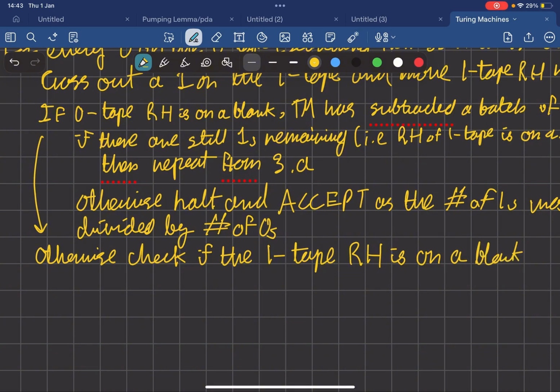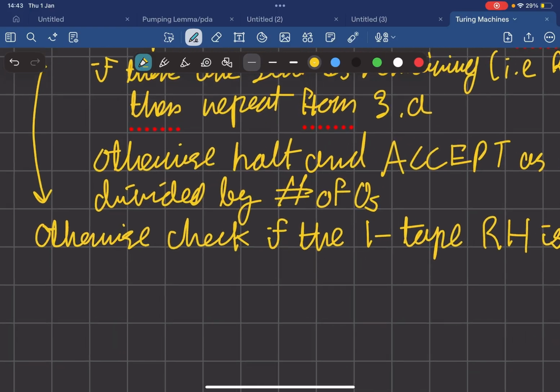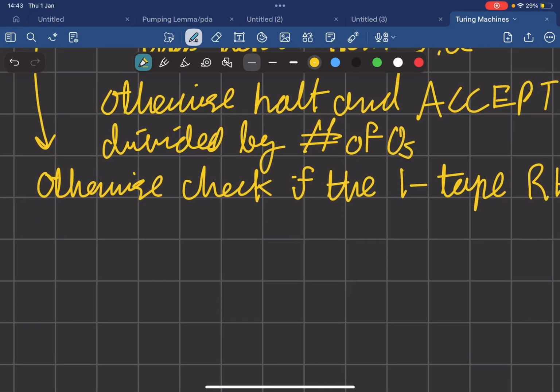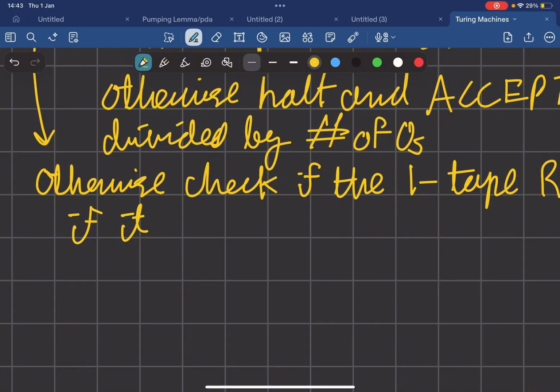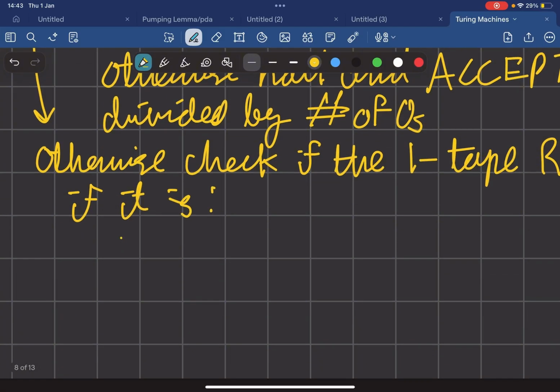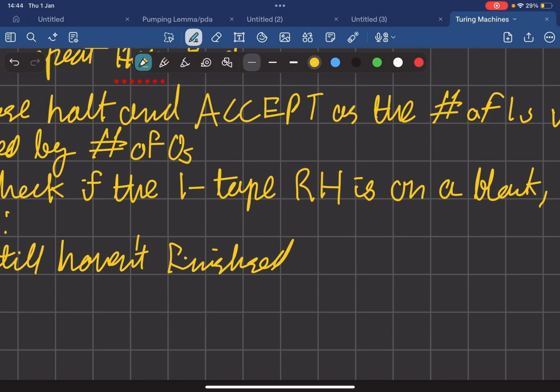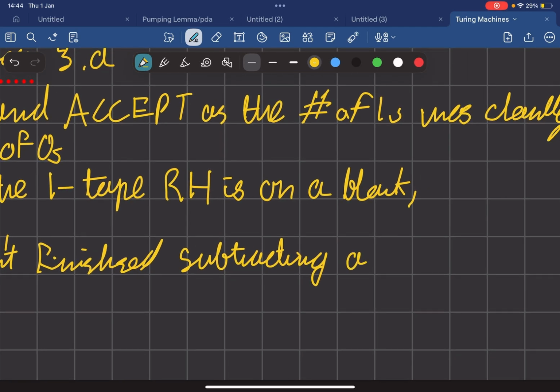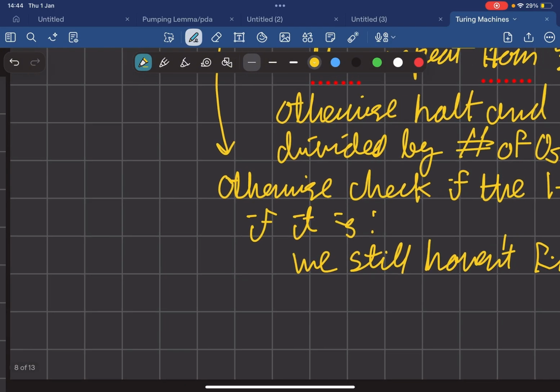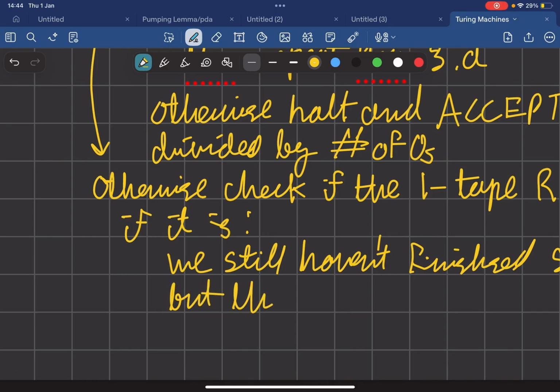If the 1 tape readhead is on a blank and the 0 tape one isn't, then we know that we still need to subtract. We haven't finished subtracting a batch of zeros, but there are no more ones left to subtract.